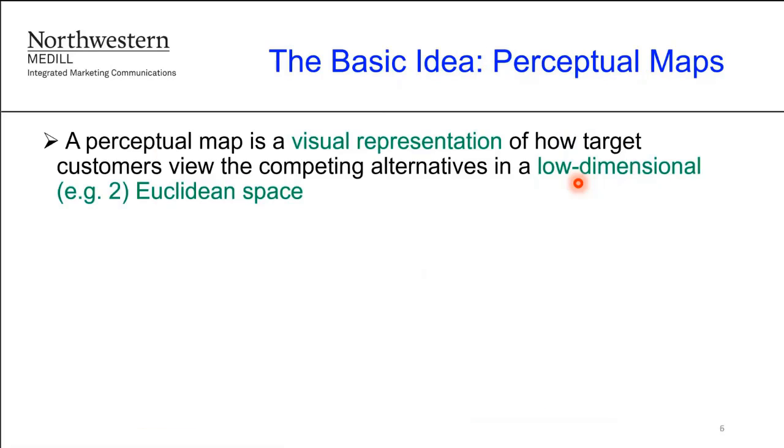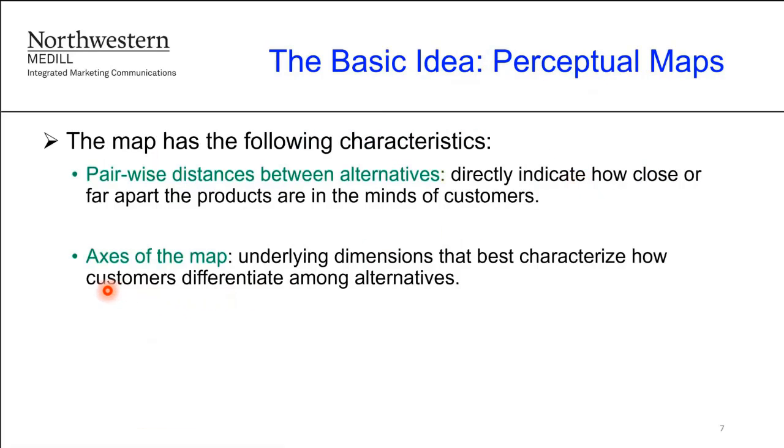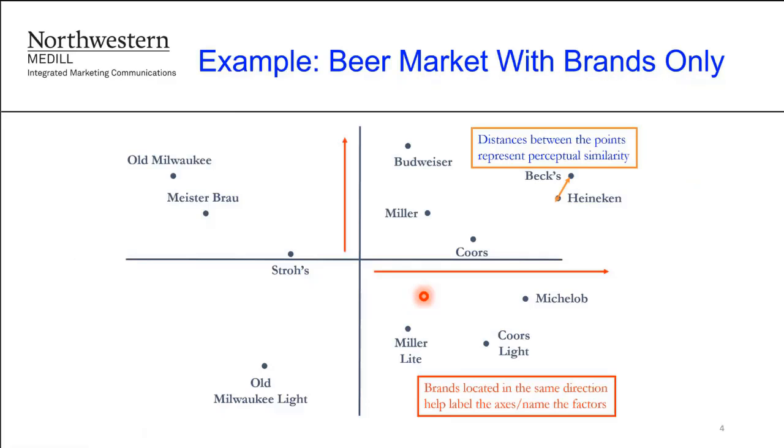So that's one characteristic, and another characteristic is the axis of the map. These are underlying dimensions that best characterize how customers differentiate among alternatives. Going back here, we don't know exactly what this x dimension and y dimension represent, but we know that we can name those factors based on the brand locations in this map.